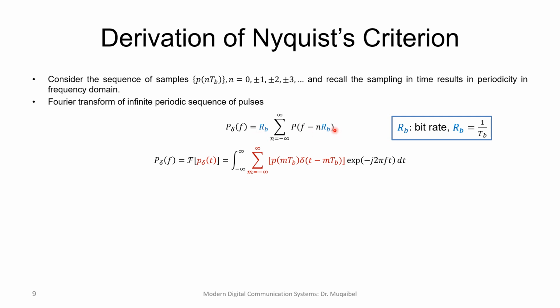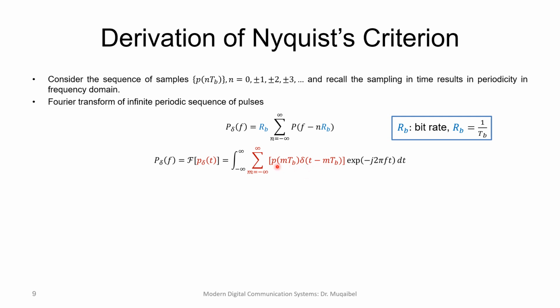Remember that R_B is the sampling rate, or the transmission rate, the bit rate assuming binary, and it's equal to 1 over T_B. So if you want to get the Fourier transform of the pulse, you can start with sampling at the instant of interest. So we're just taking one sample.